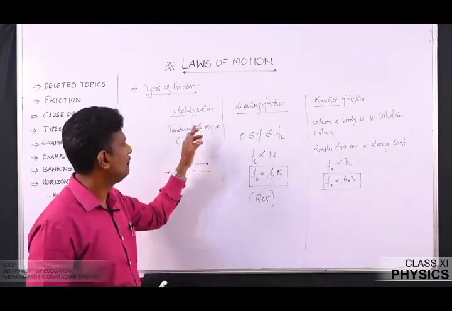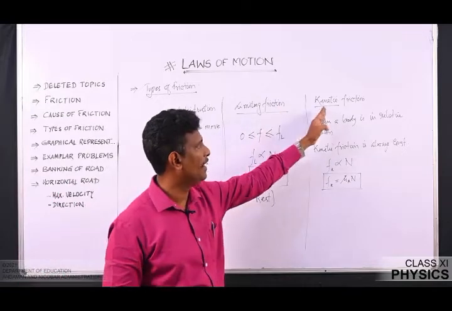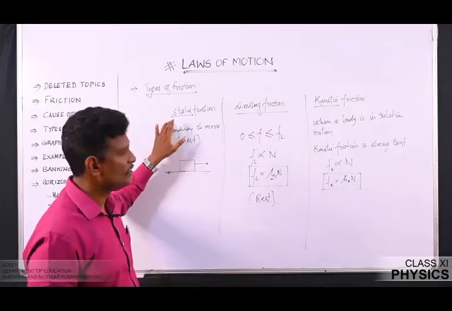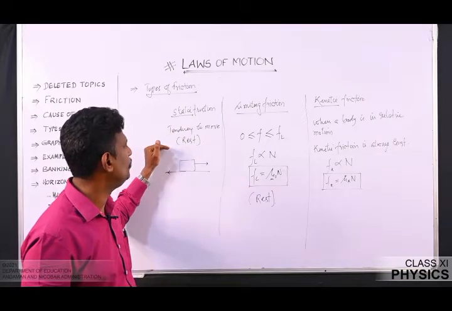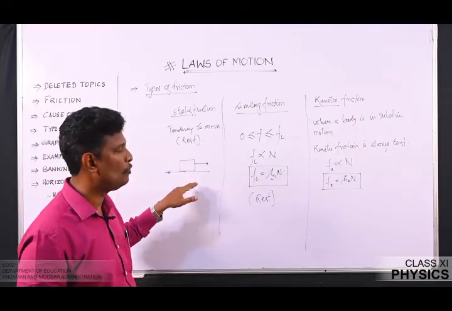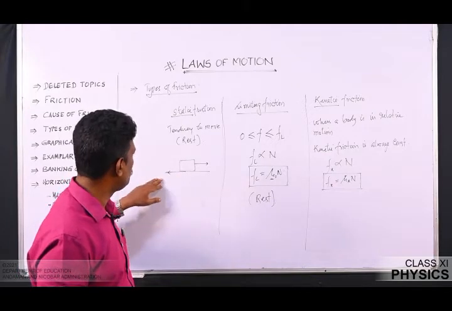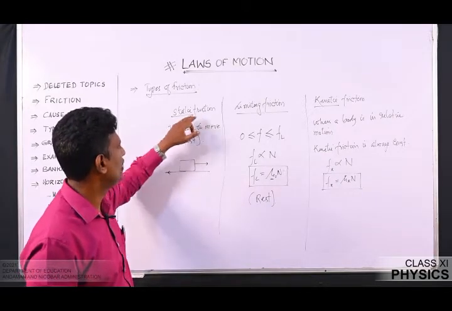So, static friction, limiting friction and kinetic friction. Static friction is the friction when a body has a tendency to move, but it is not at all moving. The force applied is countered by the opposite direction force, that is static friction.